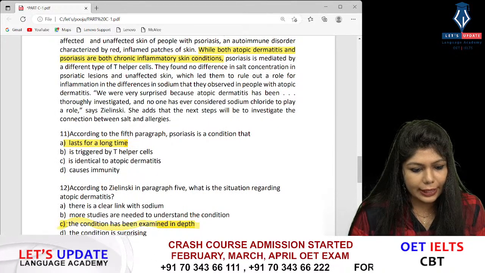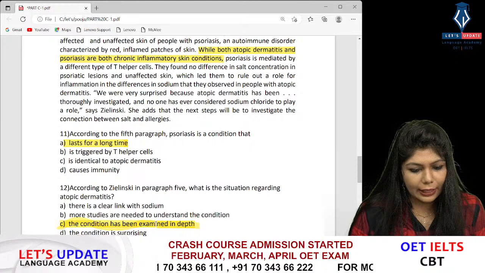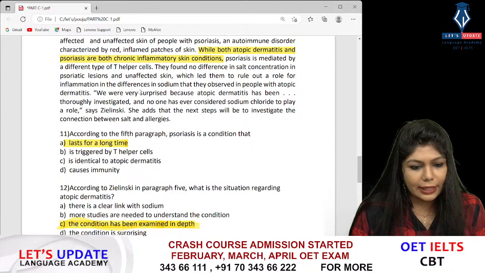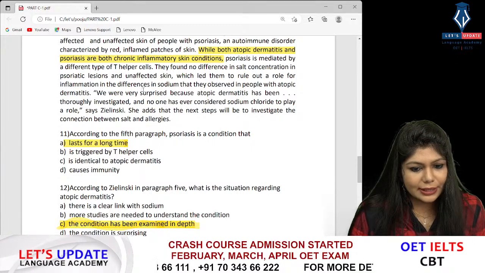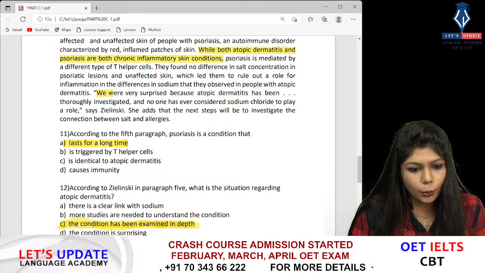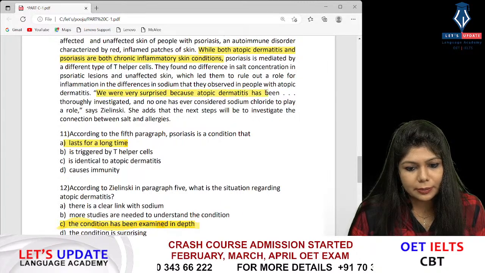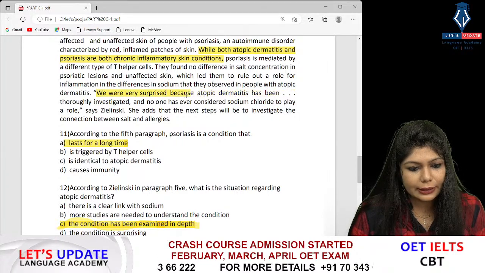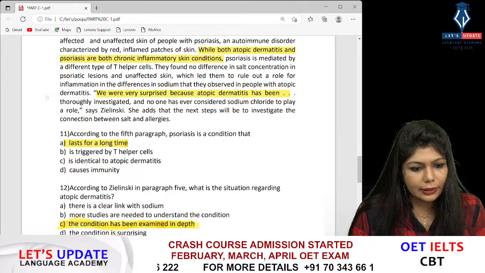I have highlighted the answer, and let's see where it is. Can you see this line here, that we were surprised because atopic dermatitis has been thoroughly investigated?